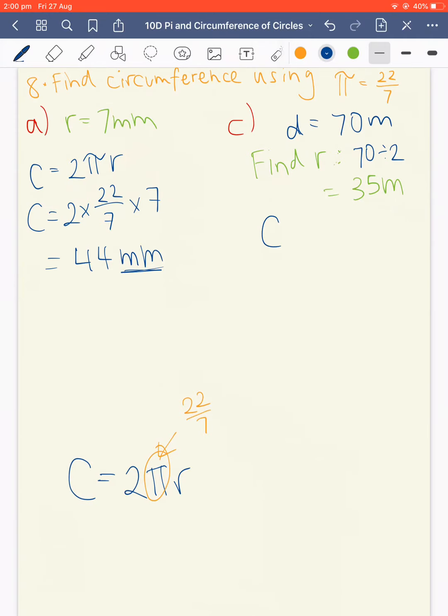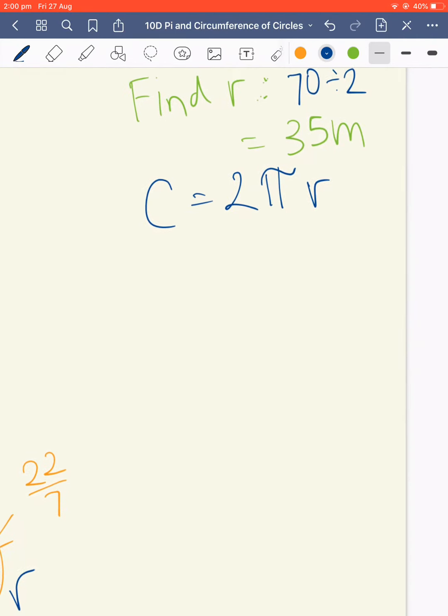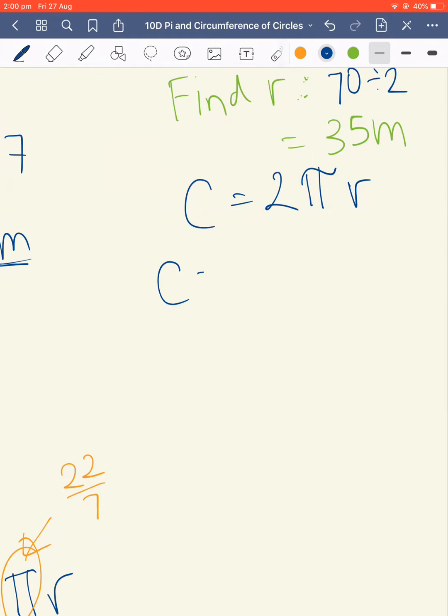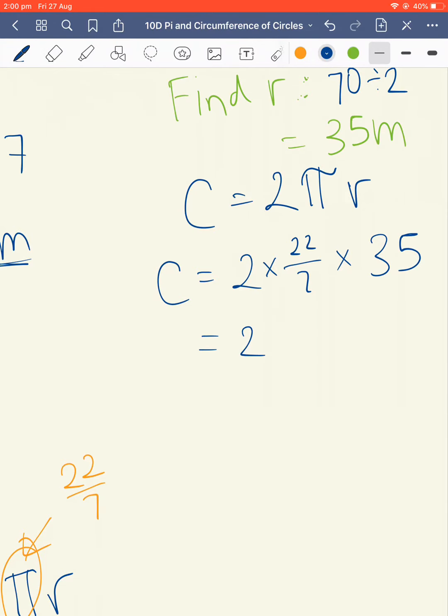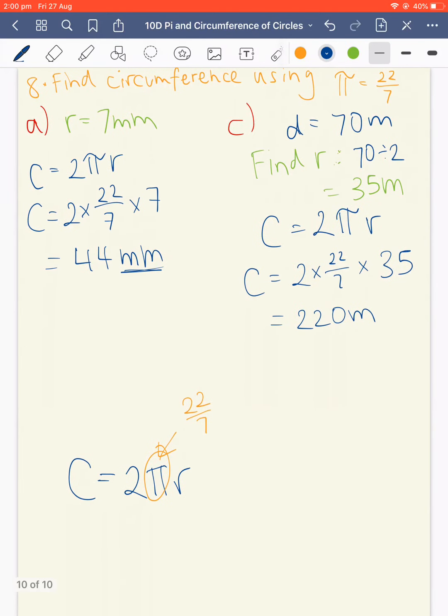Let's write our formula down again. I've got 2 pi r, and let's substitute in our value. So our circumference is going to be 2 multiplied by 22 on 7, multiplied by my value here of 35. And we get our answer then of 220 meters. There will be another video to go over the remaining questions.